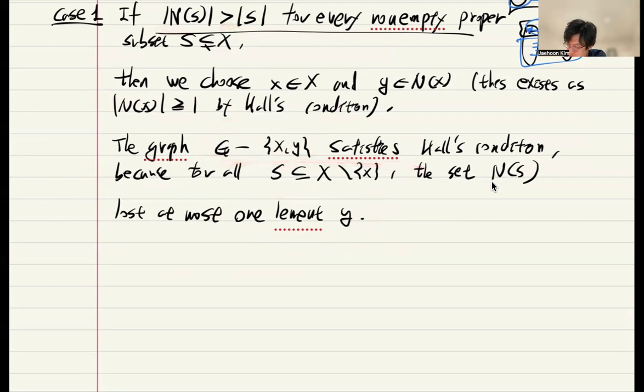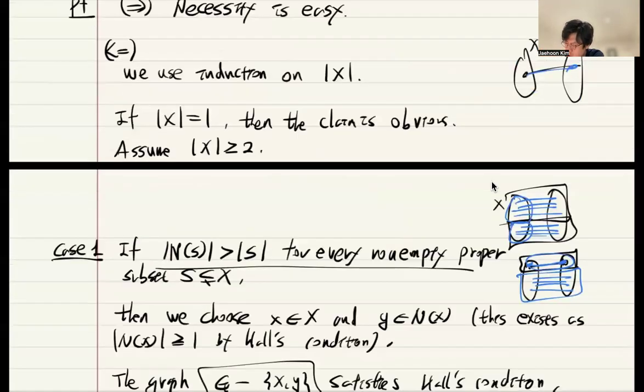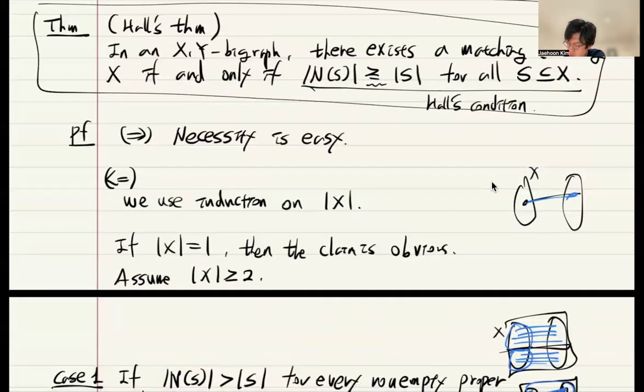And what do we get? The induction hypothesis, IH, means induction hypothesis. This is a graph whose X part is smaller than the original graph. So the theorem must be true for this smaller graph.